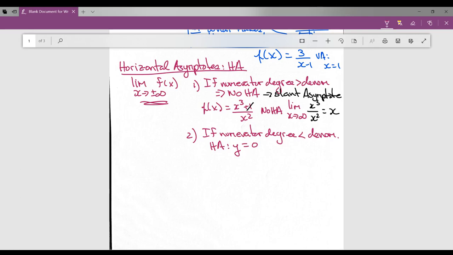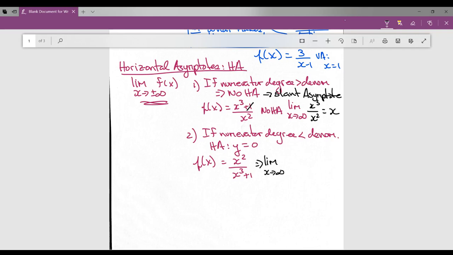Okay, so we can just flip this example. X squared over x cubed plus 1. If you do the limit definition, we know it's going to be 0. But if we do the limit, we can see why it would be.